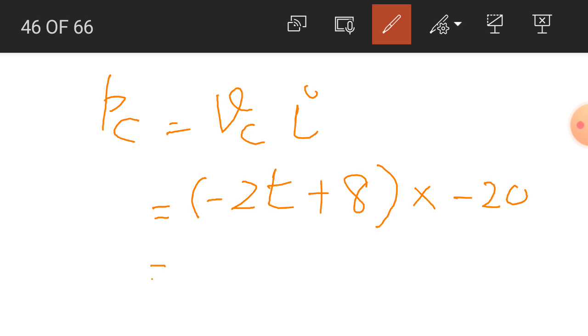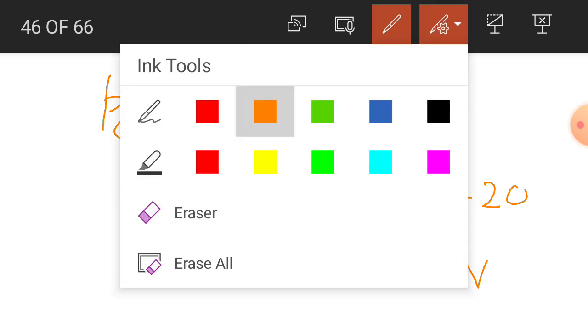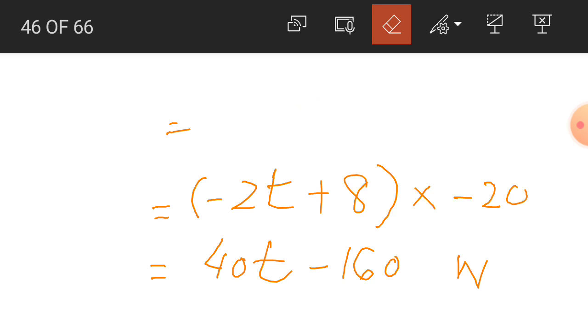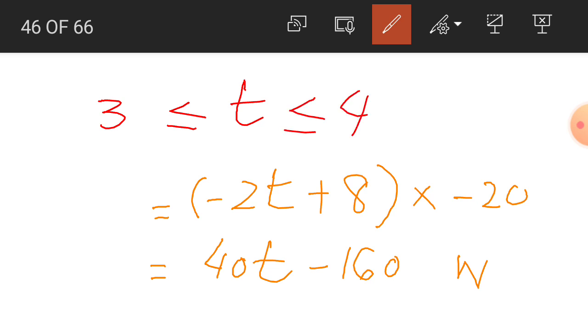If we simplify this particular equation, we get 40t minus 160 watt. This will be the instantaneous equation for the power in region number 3, while the time is changing from 3 to 4.